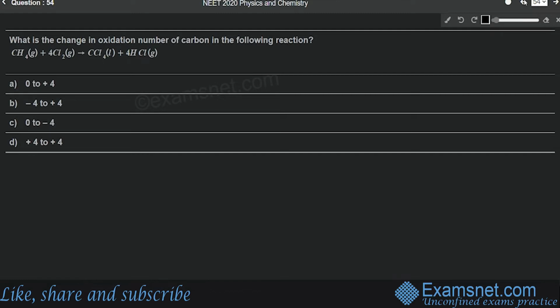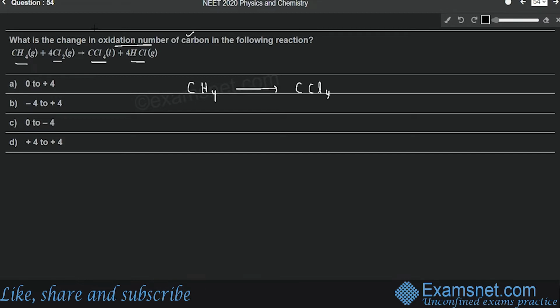Question number 54 is related to redox reaction, and the question is what is the change in oxidation number of carbon in the following reaction? We can see that methane is reacting with chlorine to give carbon tetrachloride plus hydrogen chloride. On the left side, the compound having carbon is methane, and on the right side we have carbon tetrachloride.